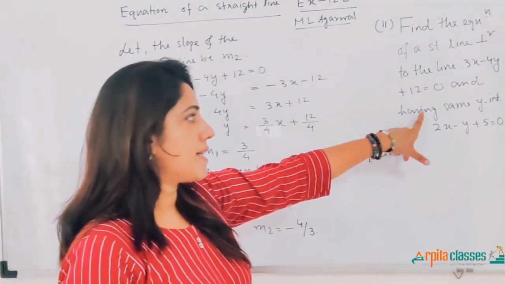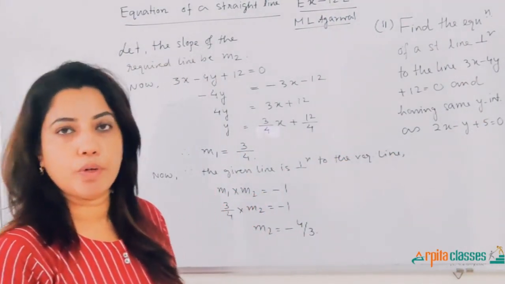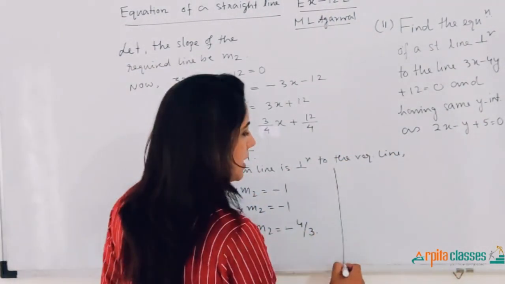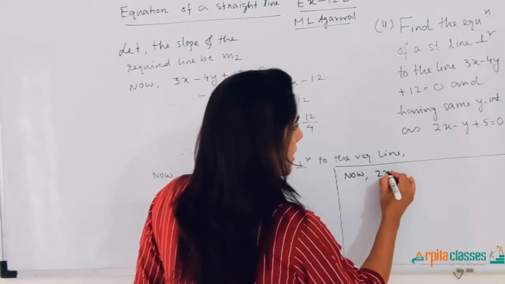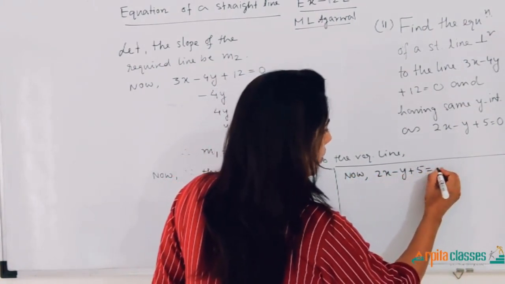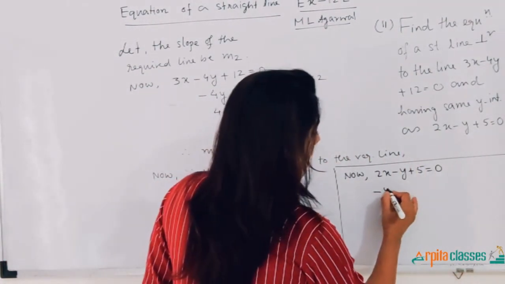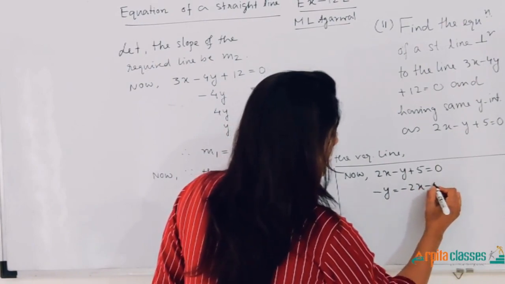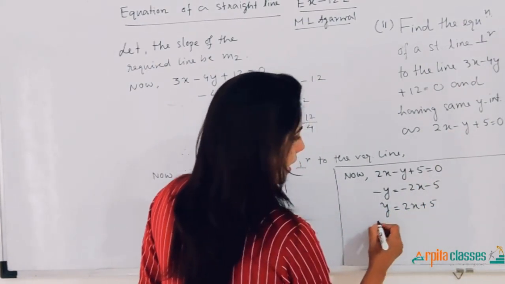Another thing they are saying, it has the same y-intercept as 2x minus y plus 5 equal to 0. So let us find out the y-intercept from this line. Now 2x minus y plus 5 equal to 0. Let us convert it into y is equal to mx plus c. So minus y is minus 2x minus 5. y is 2x plus 5.